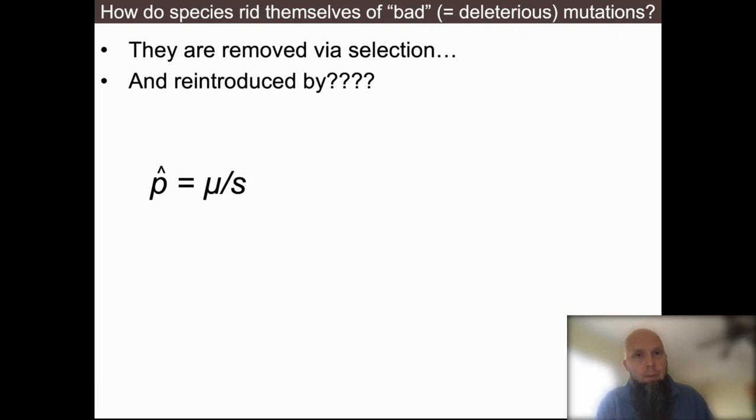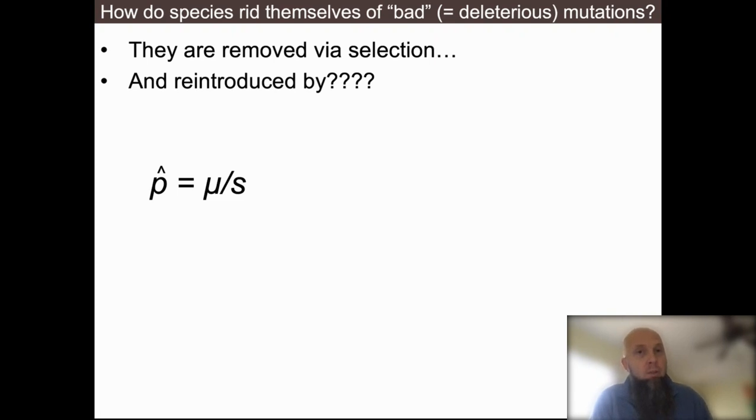They're 0. But populations aren't perfect because there are constantly new mutations being introduced into the population. And so the frequency of a particular allele in the population, its persistence in a population, is in part determined by the mutation rate and the strength of selection against that mutation, okay?